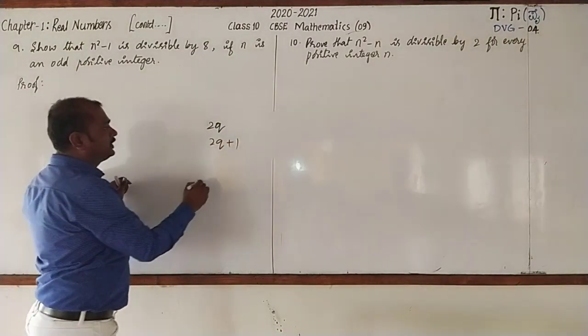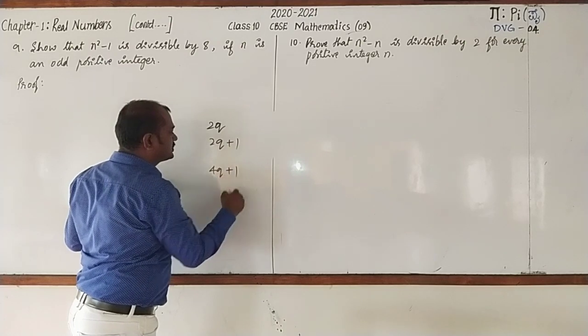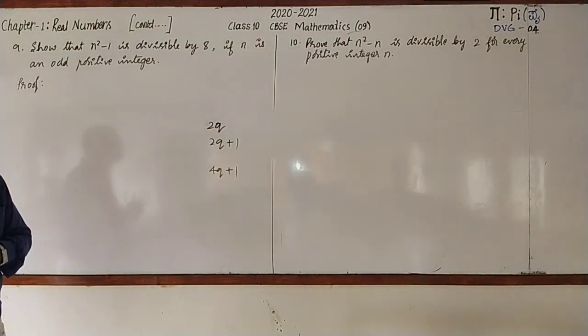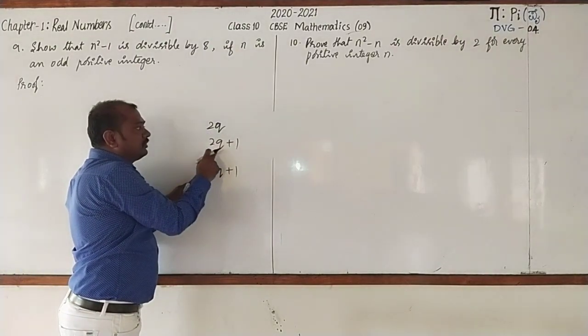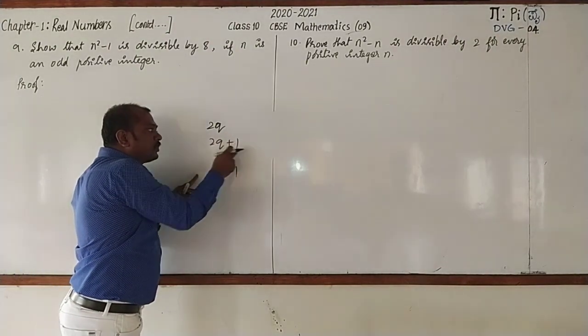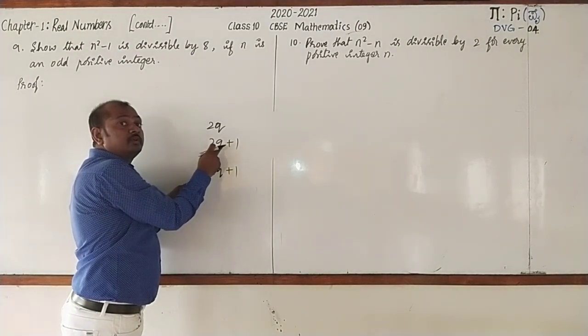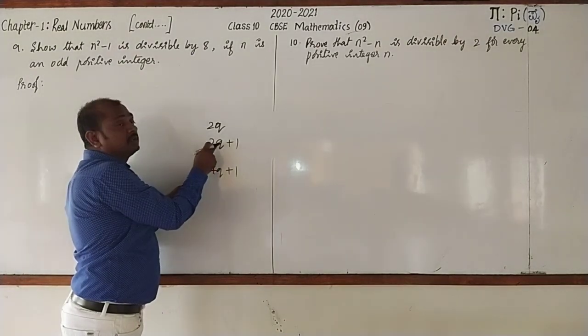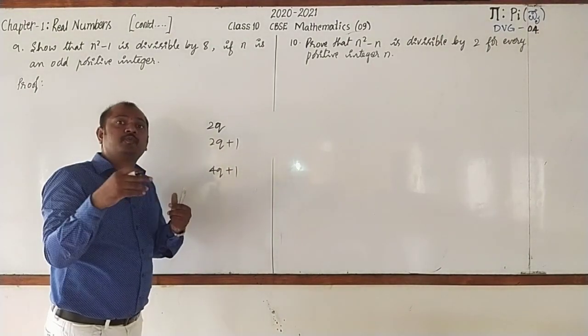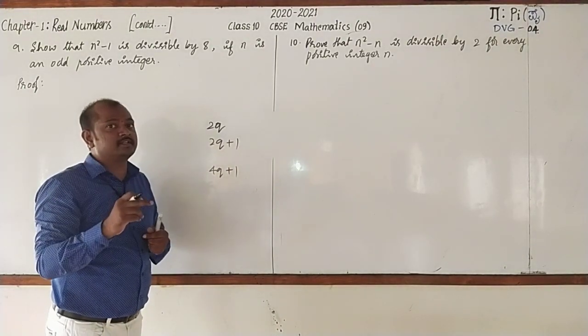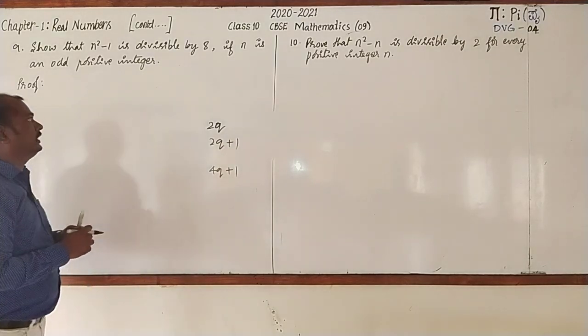Here I go for taking 4q plus 1. You all may be thinking that why it is 4q plus 1. Observe. The reason is n square is given. If you go for taking the square here, it will be 4q square, but that is not divisible by 8. When you go for taking 4 square is 16. 16 is divisible by 8.